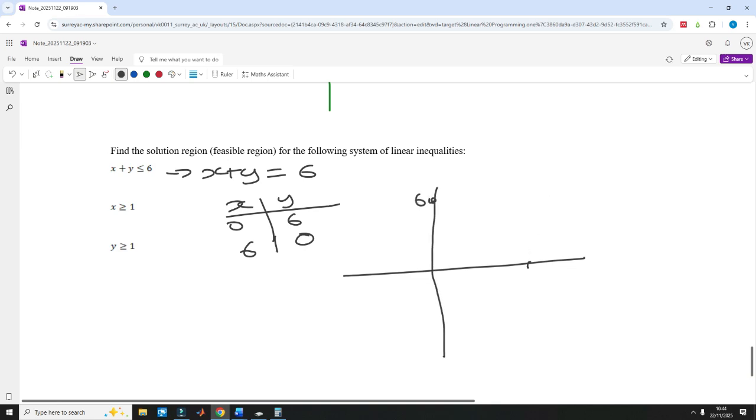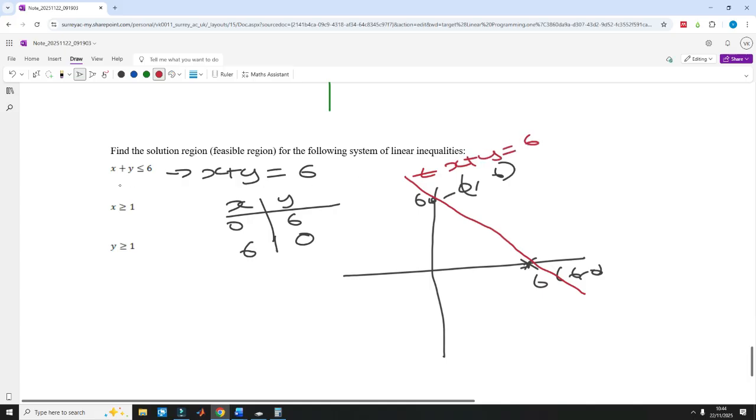Let's say this is 6, this is 6. When x is equal to 0 and y is equal to 6, that's this point, (0, 6). x is equal to 6, y is equal to 0, so that's this point. Now you connect these 2 points.